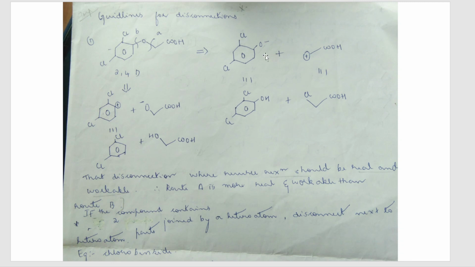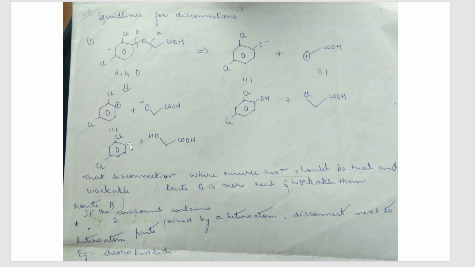Now here, if you see, route number A that we did is more real and workable than route number B. Making this react with this would be comparatively slower. But here you can see there will be immediate elimination of HCl and formation of this target molecule. So although there are two pathways, pathway number A that we followed was more real and workable. So we will go with this type of disconnection compared to this.